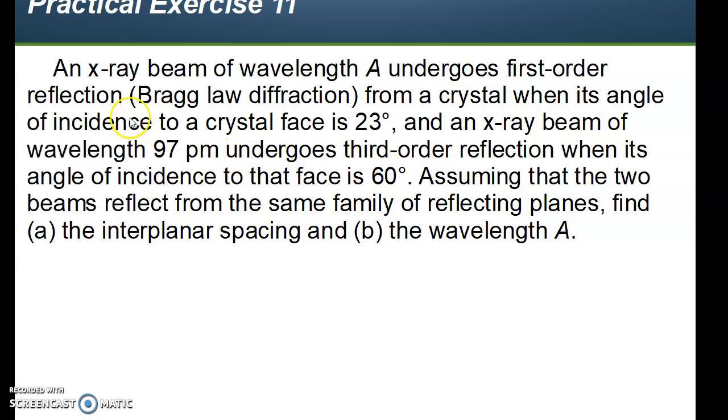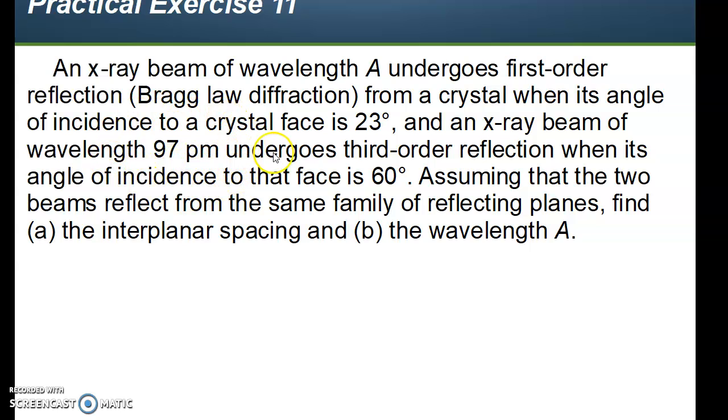Here, an X-ray of wavelength A undergoes first order reflection, which means Bragg law diffraction, means that equation applies, from a crystal when its angle of incidence from the crystal is 23 degrees, and an X-ray beam of 97 picometers, right?